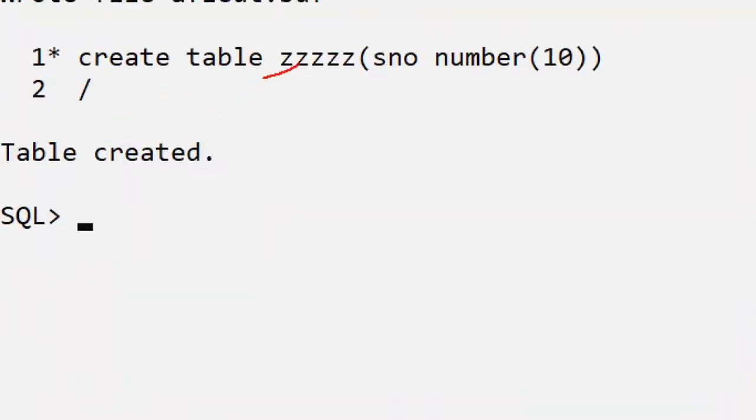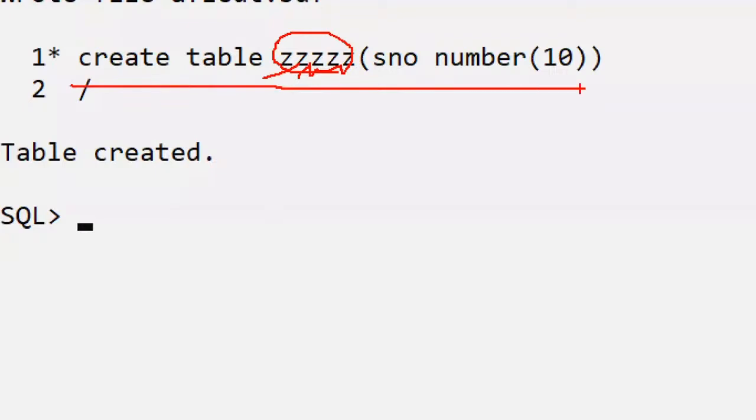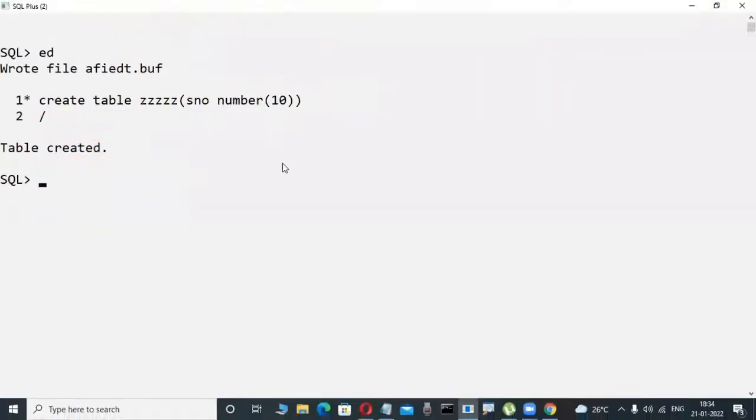Z is the name I am giving. The table I'm creating is only in my Oracle database or SQL Server database or MySQL database. Table is created.